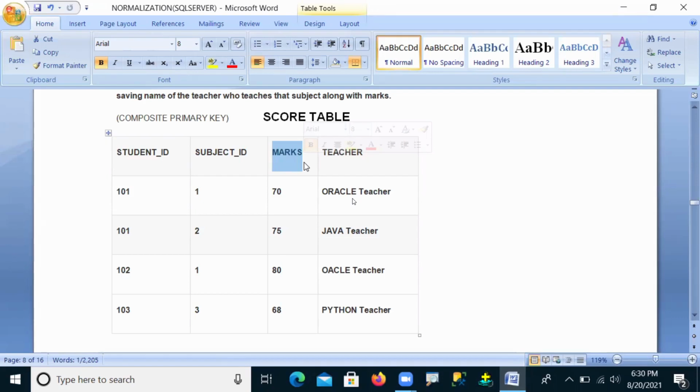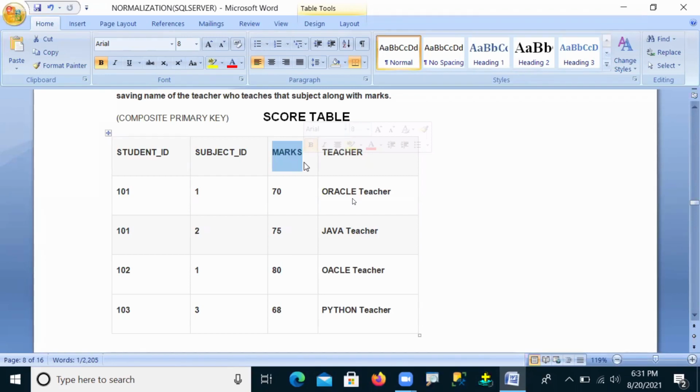So the marks column depends on student ID, because students write the examination based on the subject, so it depends on subject also. With student and subject, marks will be obtained. So your marks column depends on both columns, student ID and subject ID.